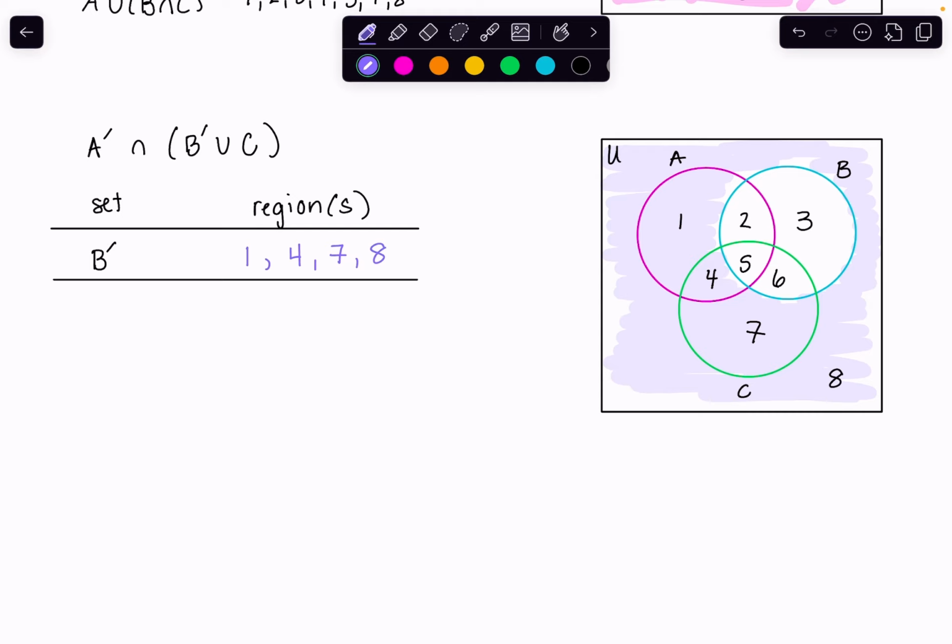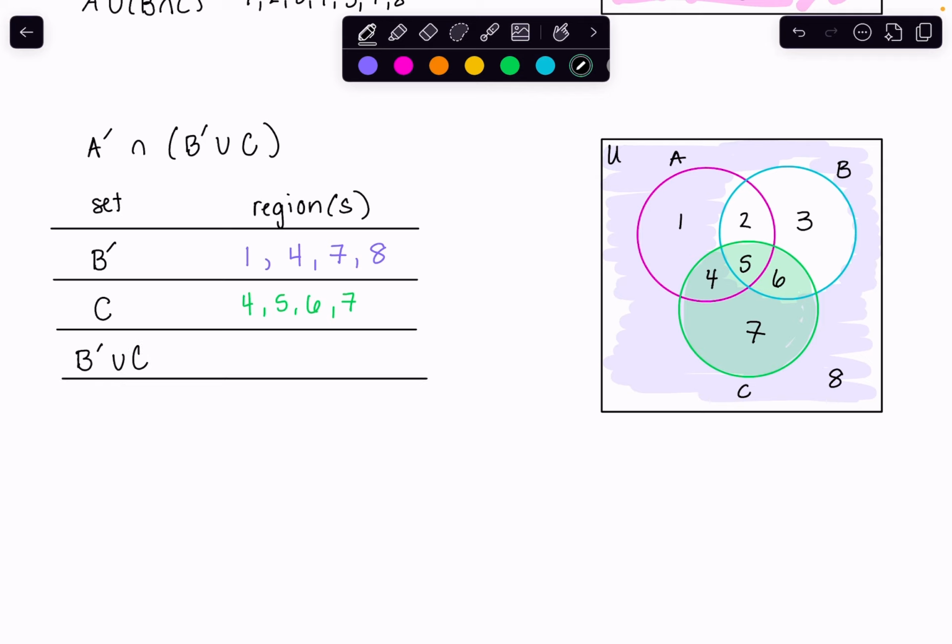Now I'm going to join that with set C. So again, you don't need to write what C's set is, but that's fine if you want to. Set C is 4, 5, 6, and 7. Now we're going to go ahead and join these two sets together and meld them as one. So it's really anything that's shaded.